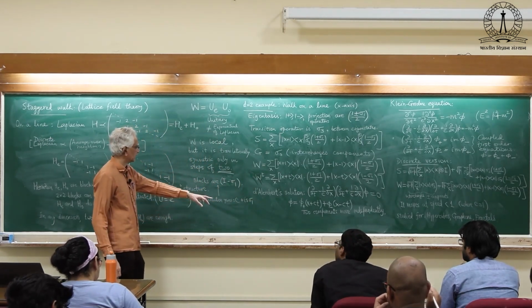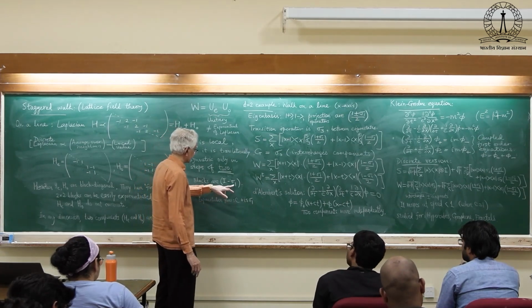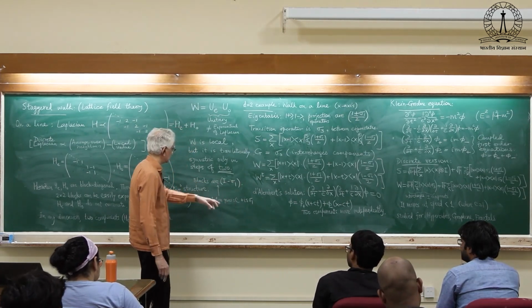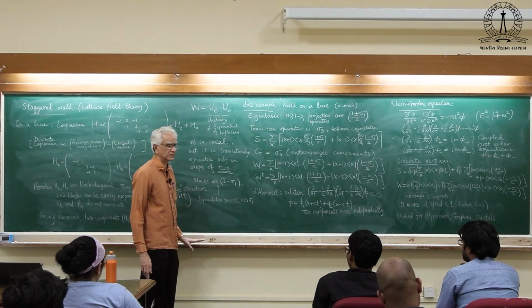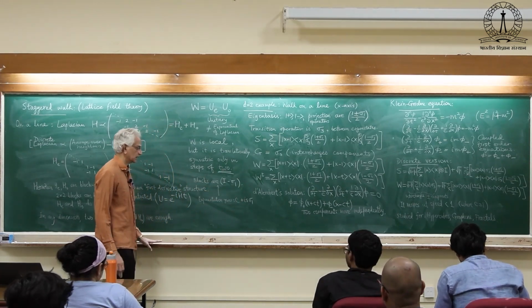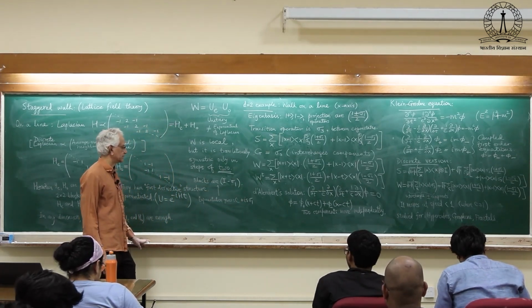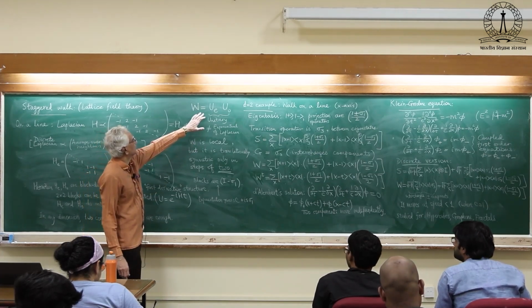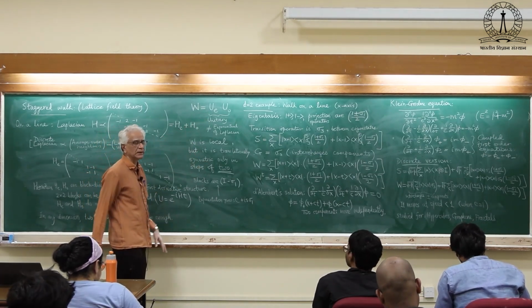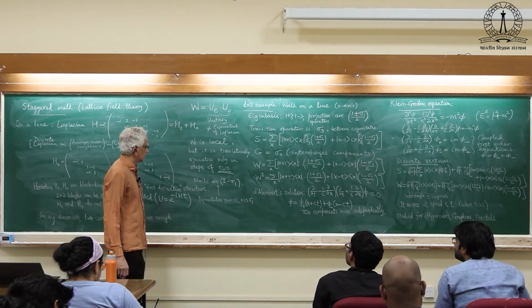Okay, depending on what is the value of time, you will get cosine of some time and sine of some time, and that will be a matrix which will go inside here, and then you keep on multiplying it.